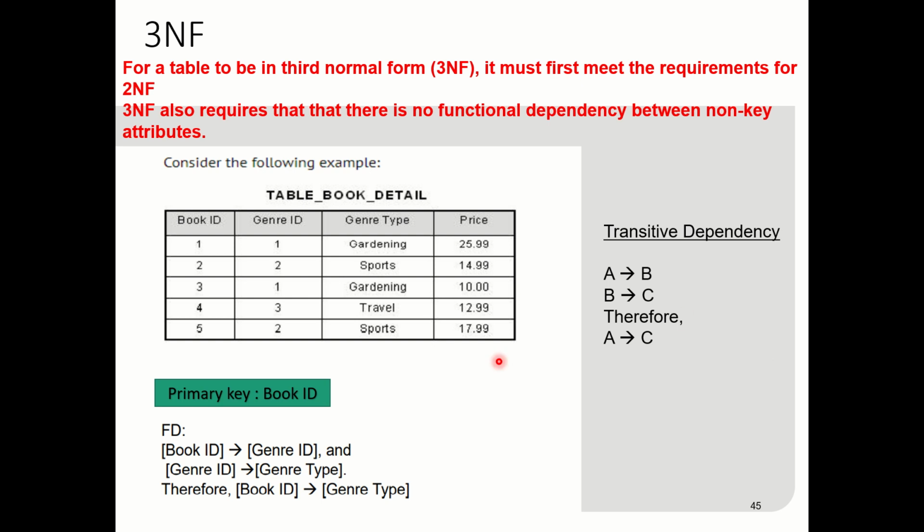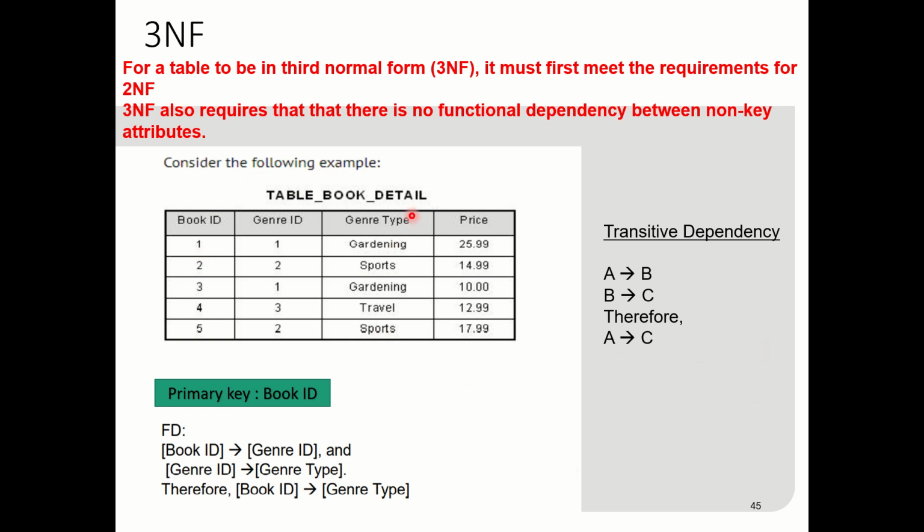For that, you can follow this rule. Say book ID is functionally dependent upon genre ID, and then genre ID is functionally dependent on genre type. Then you could say that there is a functional dependency between book ID and genre type. You getting it? That is nothing but the transitive dependency.